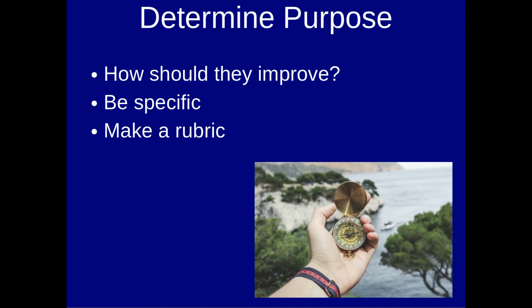Now, as you are trying to figure out your purpose, when you start to get an idea of what you want students to do specifically in a specific assignment, of course, you need to develop a rubric. The rubric will benefit several people. First of all, the rubric will benefit you, the teacher, because you will be consistent in how you mark and assess the students. The rubric also benefits the student because they have an idea of the expectations that you have for them.